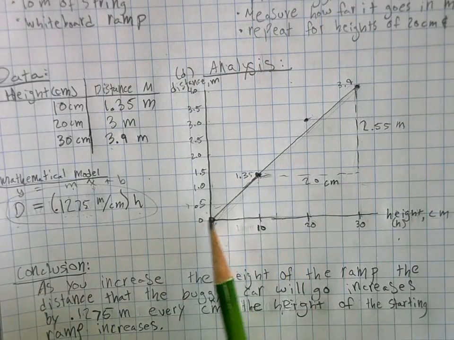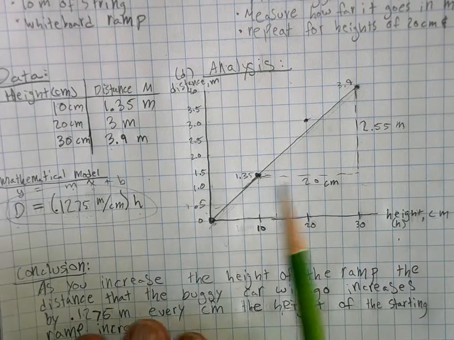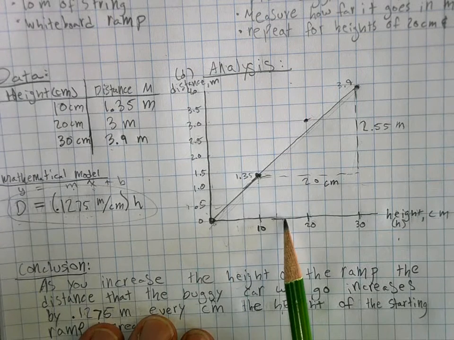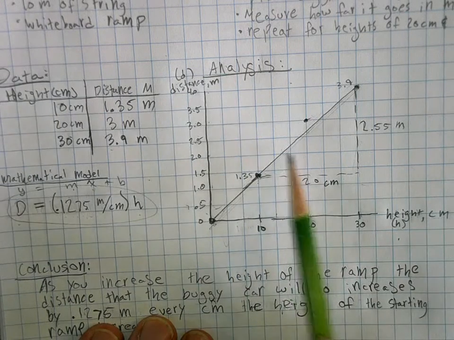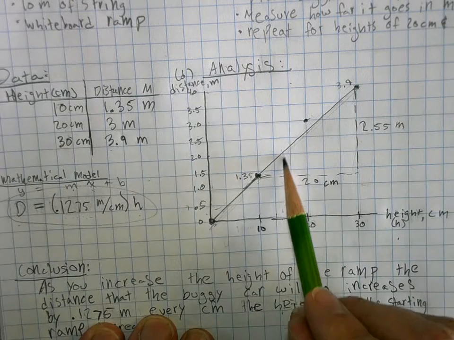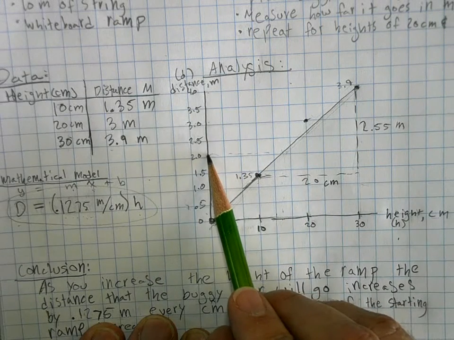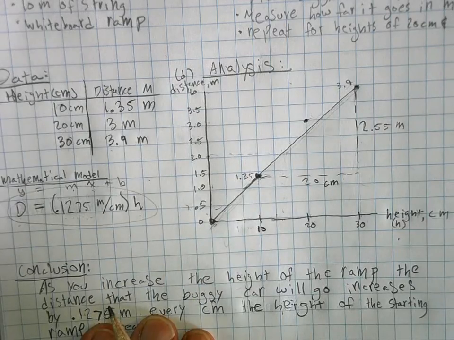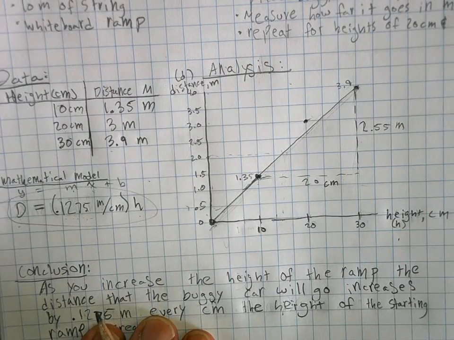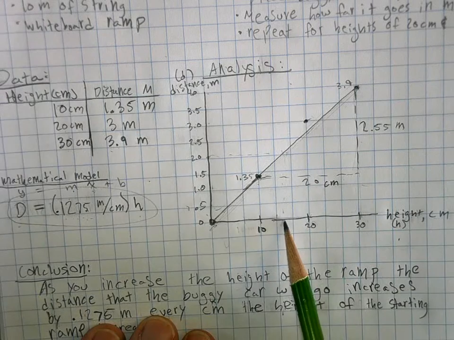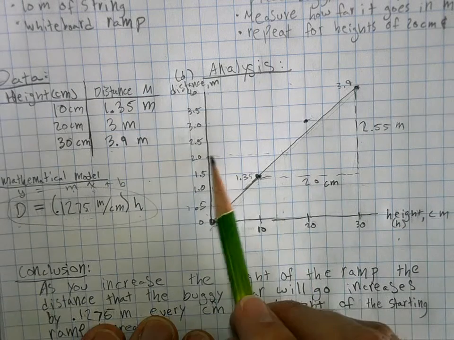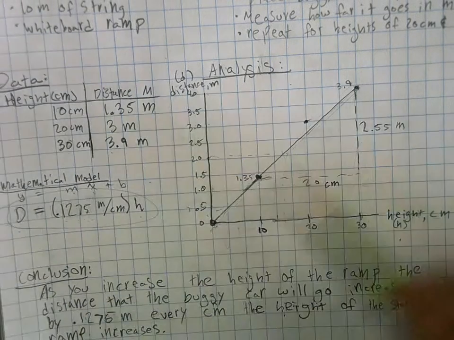Well, let's look. Let's use their graph. 15 centimeters, go up here, read across, should be just over 2 meters, like maybe 2.1 meters. That's a prediction. Okay? If we lift that ramp up 15 centimeters, their car should roll 2 meters according to this graph.